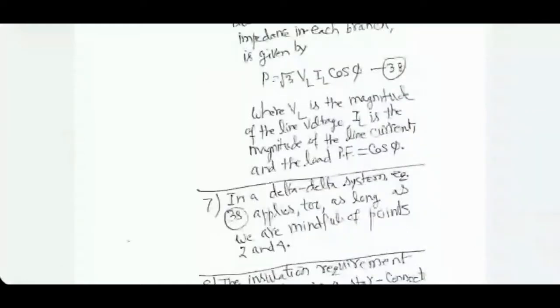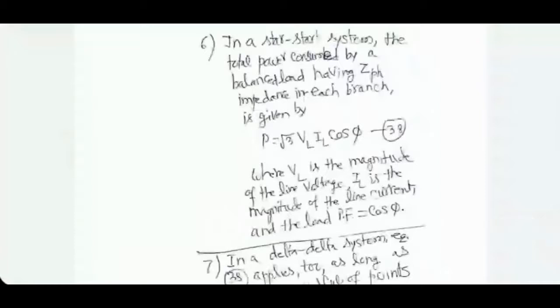This equation, although I have not proven it for delta, just take it from me, it applies. Because essentially what is happening is, in one case, voltage is higher, current is lower, or current is same. In the other case, it is the other way around. So when you take the product of voltage and current, it remains unchanged.